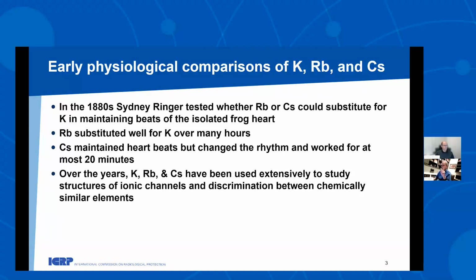And he found that rubidium substituted very well for potassium over as many hours as he cared to observe it. Cesium also maintained heartbeats, but changed the rhythm of the heartbeats and worked for at most 20 minutes. And over the years, these three elements, potassium, rubidium, and cesium, have been used extensively for physiological studies of the ionic channels and discrimination between chemically similar elements.